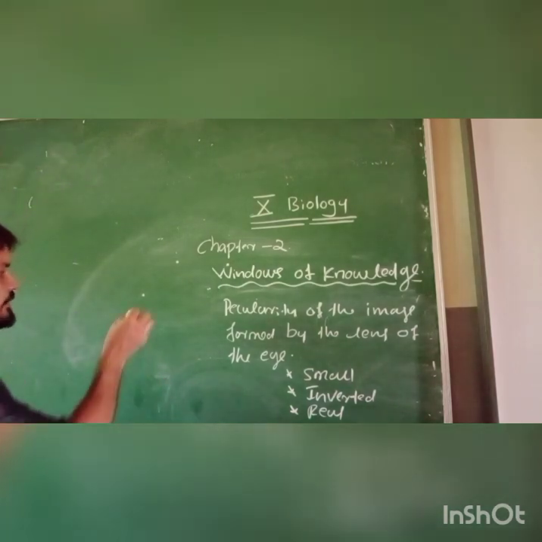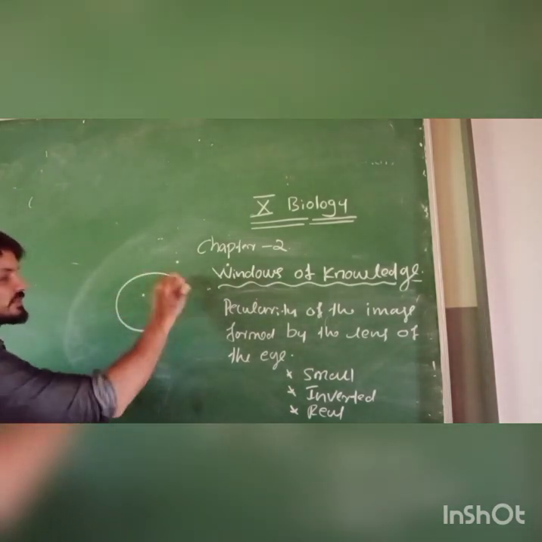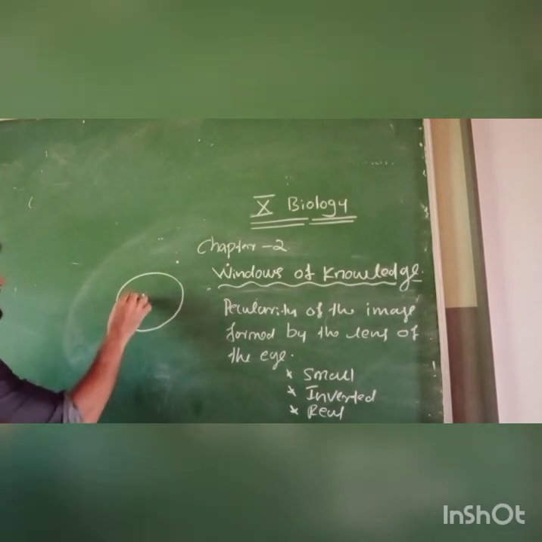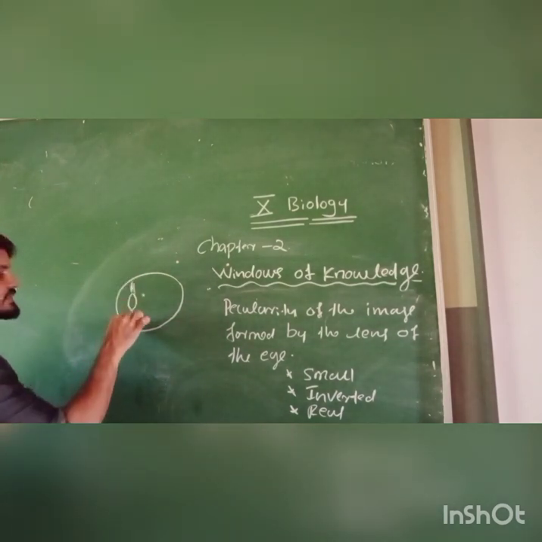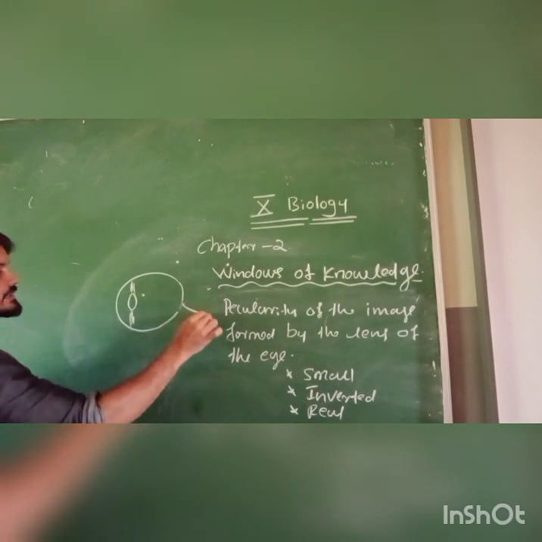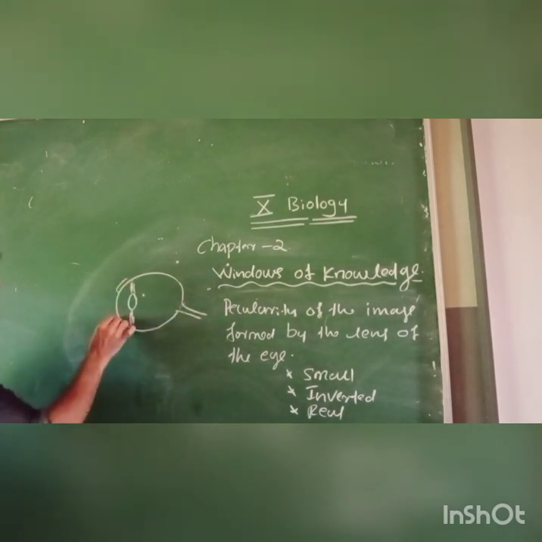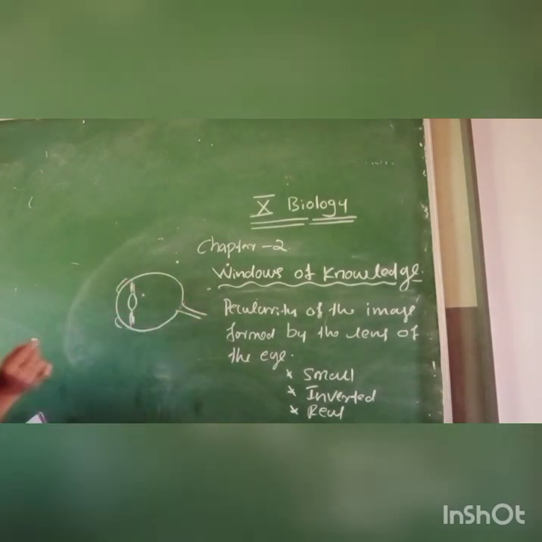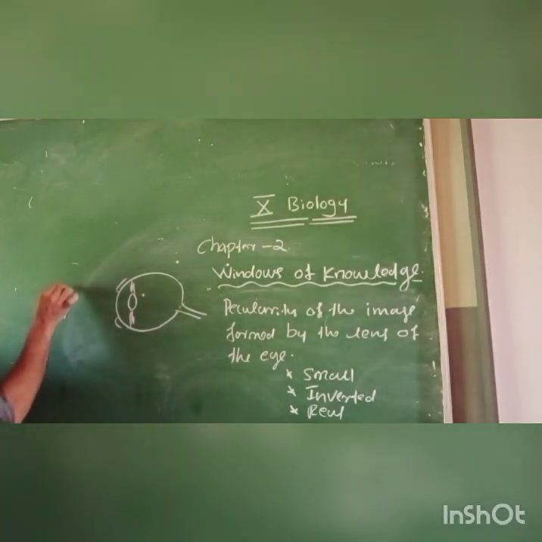In our eye, I assume this is the lens, these are the ciliary muscles, this is the retina, here the optic nerve and conjunctiva. Assume that here is one tree. You can see this tree by the help of the intensity of light.